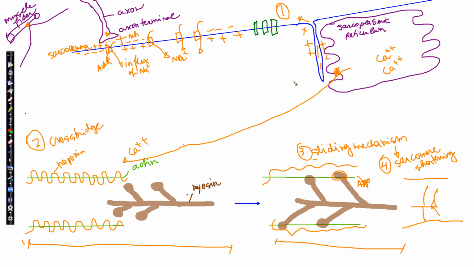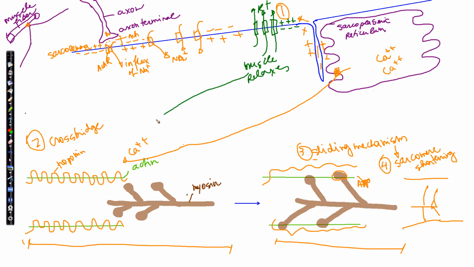So the voltage that is created by this whole mechanism allows potassium to go out. Okay? And as potassium is going out, you repolarize the membrane. So instead of depolarized, now the membrane is going to be all repolarized. And when this happens, the muscle relaxes.